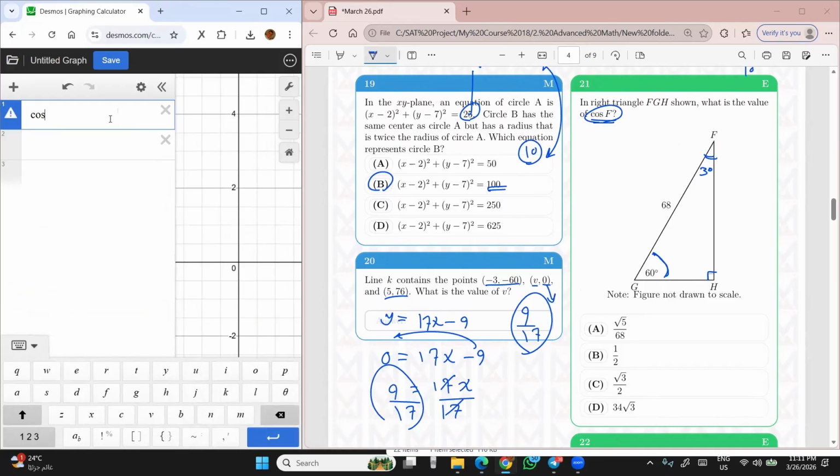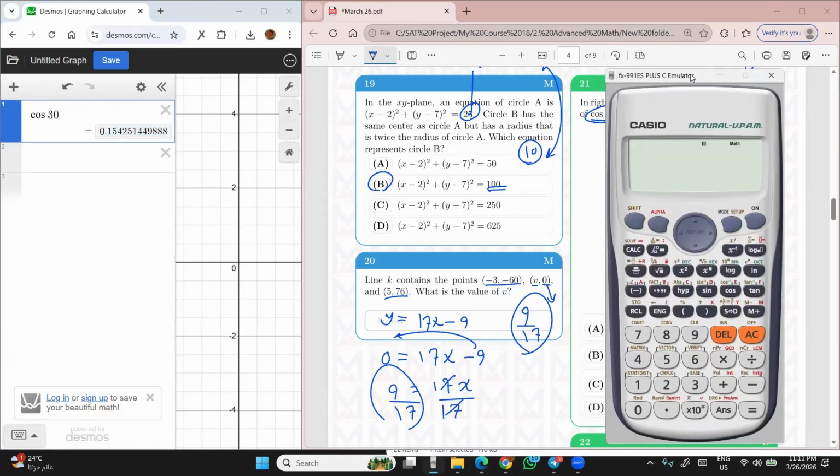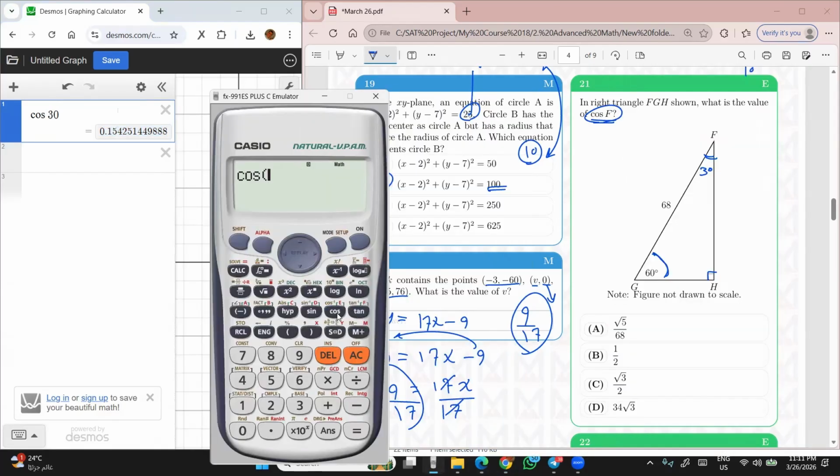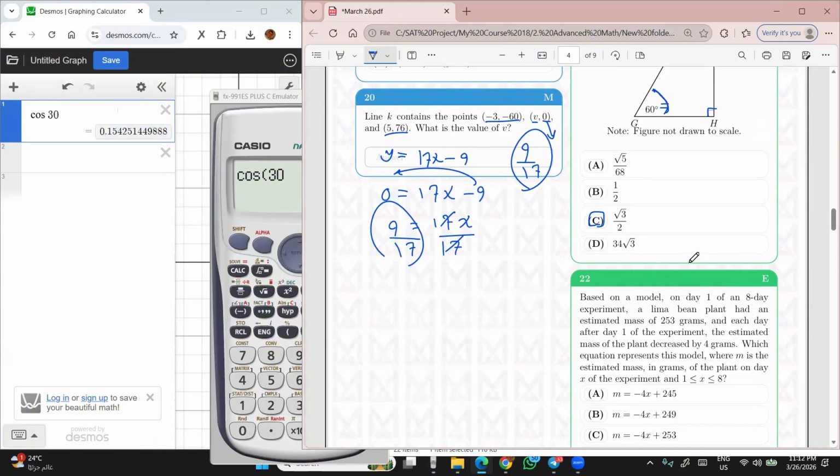Cosine 30 is equal to this number, but this number is not written as a fraction. You can just use the regular calculator if you want to use it. Cosine 30 is equal to square root 3/2, which is letter C. So cosine 30, because f here is equal to 30, as we have these two complementary angles.